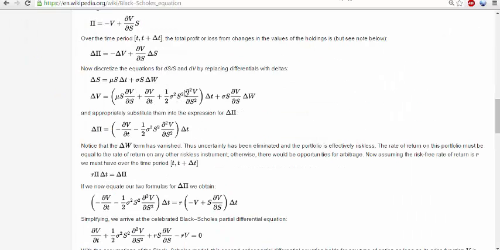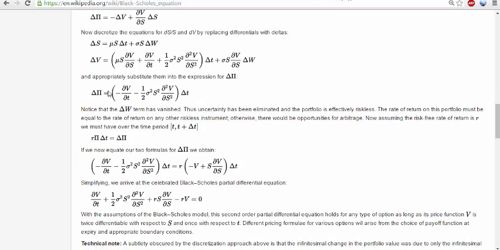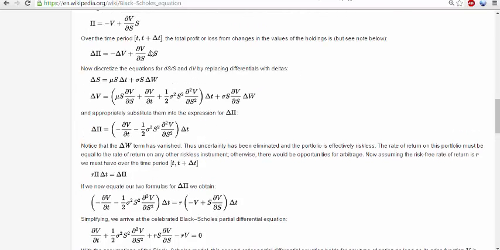This is from Ito's lemma, and then we create a new portfolio, a new function of our liking, because we want to find out the payoff of a call option or a put option, and then we write that in terms of dV by dt. So we got this one, this is dt, and we have dV by dS delta S, and then we substitute the same thing in expression 2.